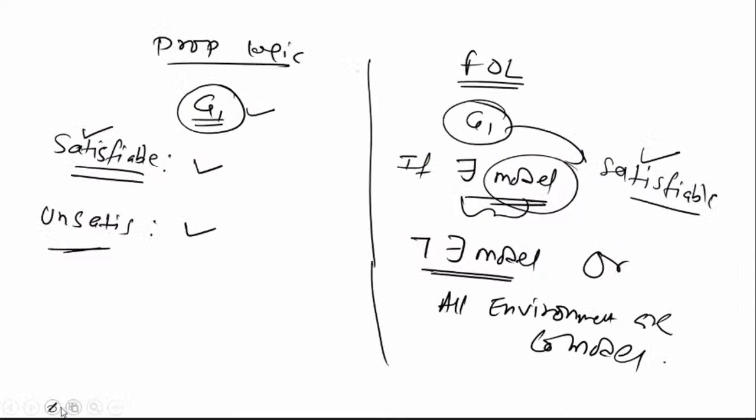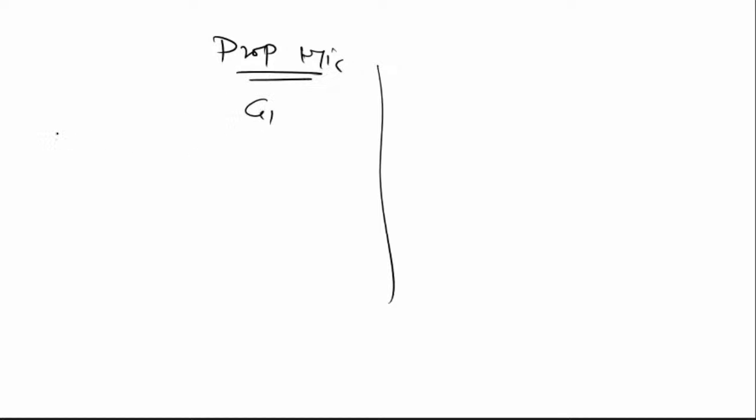Now the next concept. After the satisfiability concept, we have the concept of validity. In the last class, we have seen the concept of validity from the propositional logic point of view. In propositional logic, valid means always true, and always true means tautology.